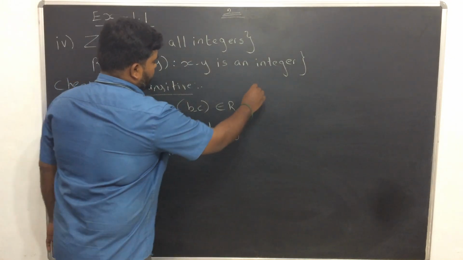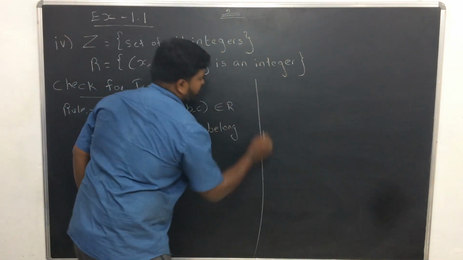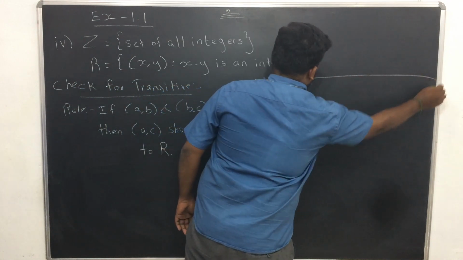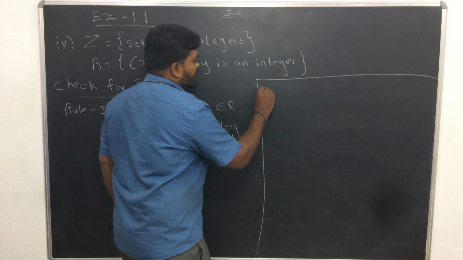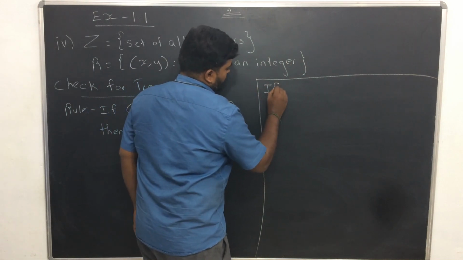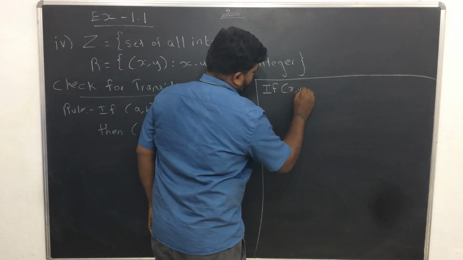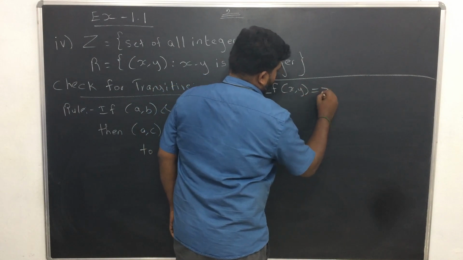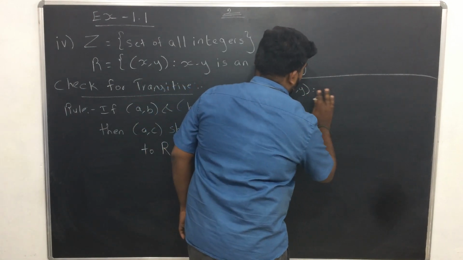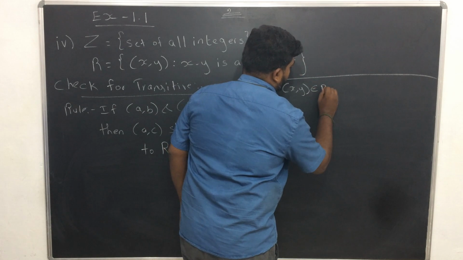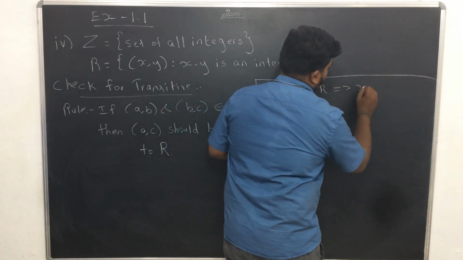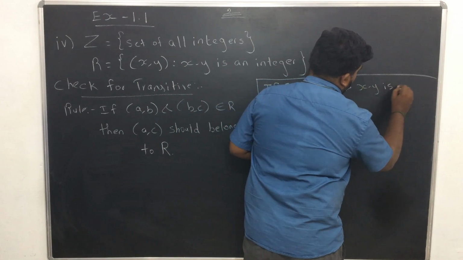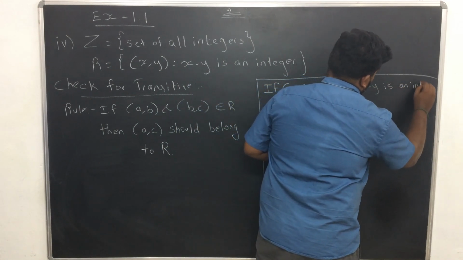Now, how do we prove that this relation is transitive? Let's start by saying if (x, y) belongs to R, it implies that x minus y is an integer, right?